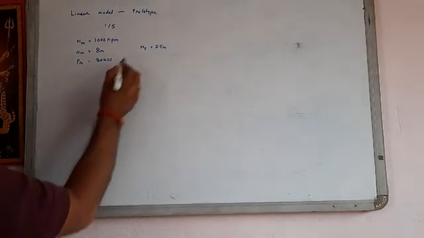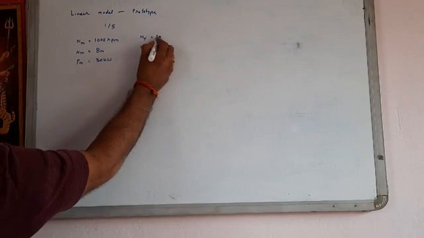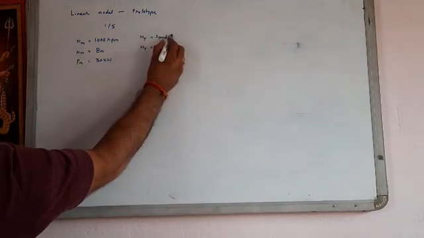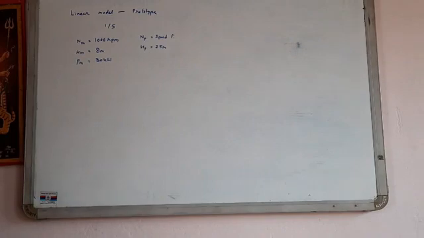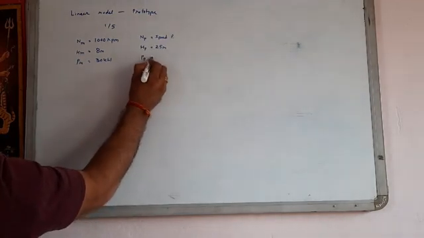NP is speed of prototype, and PP is power of prototype.